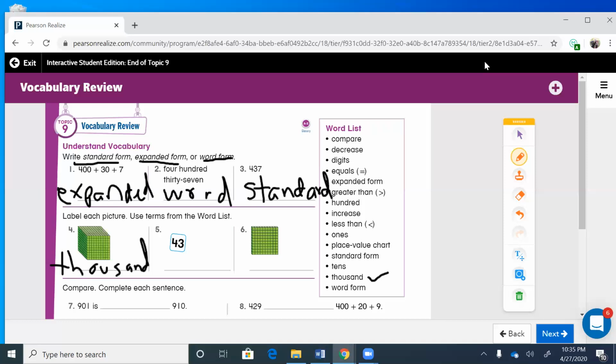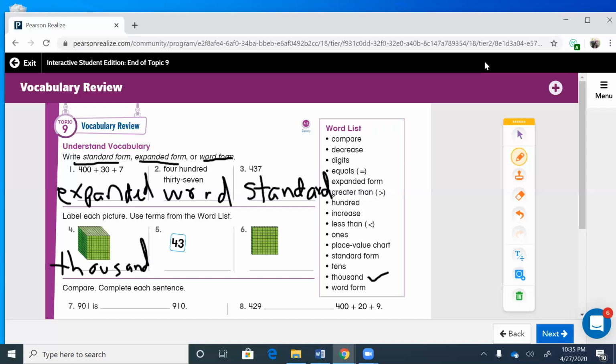All righty. Now we have 43 in a box. That's a little tricky. It doesn't really tell us anything. It's not a place value chart, right? It's not comparing, it's not decreasing. Digits, I think so.